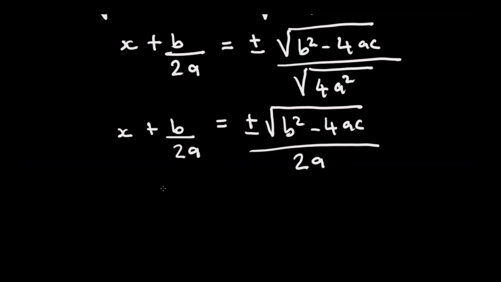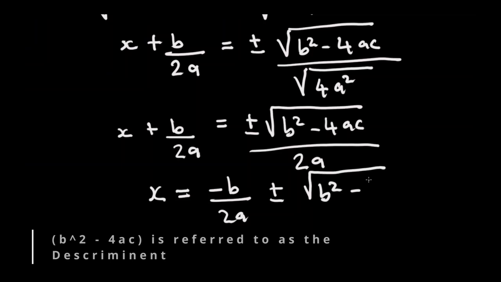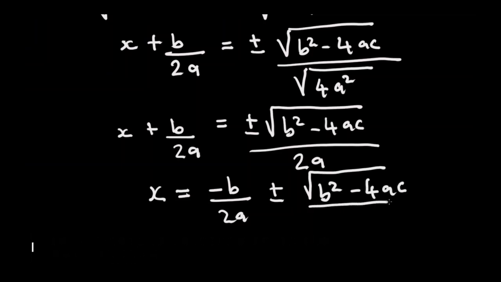Now, let us make x the subject of the formula. So x is equal to minus b over 2a plus or minus the square root of the discriminant b squared minus 4ac over 2a.